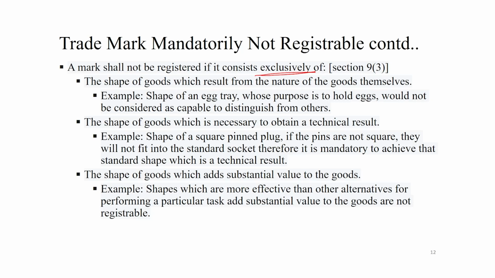What are the three things? First, the shape of goods which results from the nature of the goods themselves. An example is the shape of an egg tray. The sole purpose of an egg tray is to hold eggs, and this would not be considered capable of distinguishing from others.